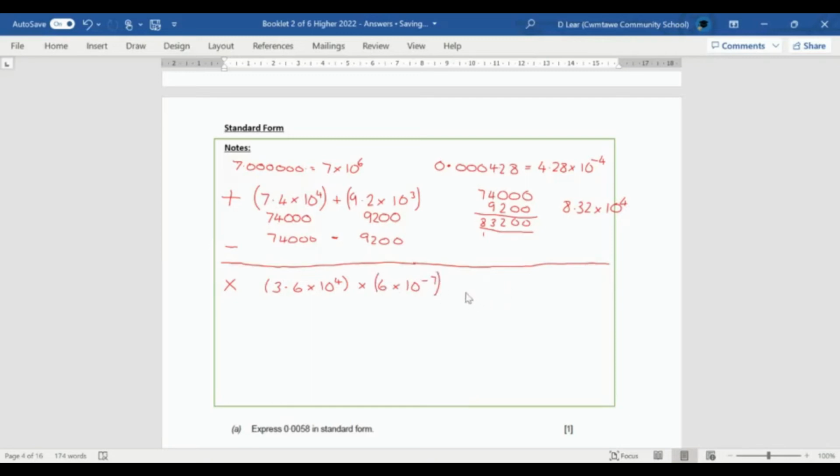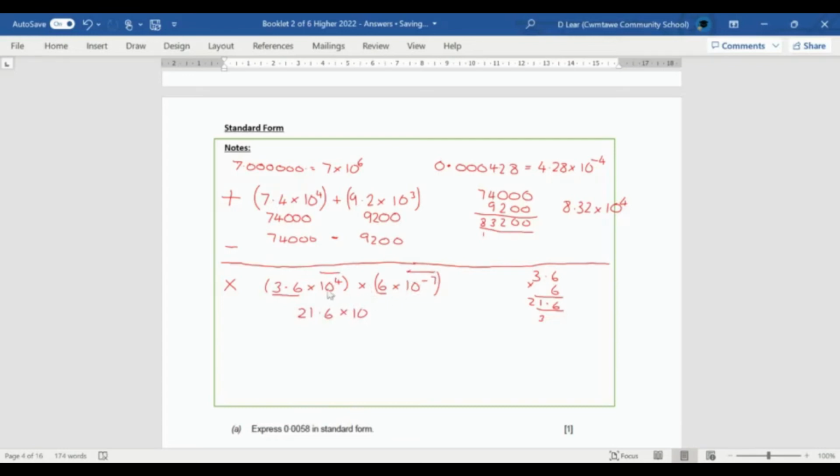Okay, with this, better to do things in standard form. 3.6 times 6, might need a little sum. Don't be afraid to do that. 6 3s are 18, add my 3 is 21. It's 21.6. So it's 21.6 times 10, and now we're going to multiply these.